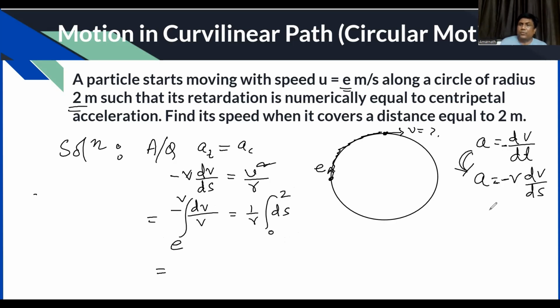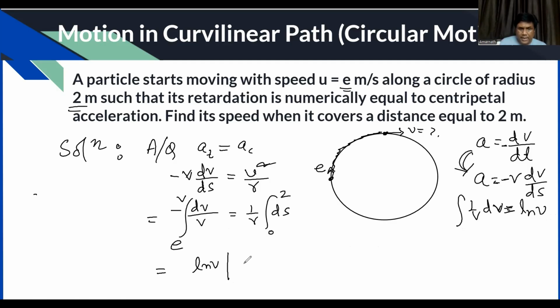Again, you should remember the integration of 1 by v dv. It is always ln v, not log of base e. I hope till now you got all these things. Otherwise, you have to remember this formula again.